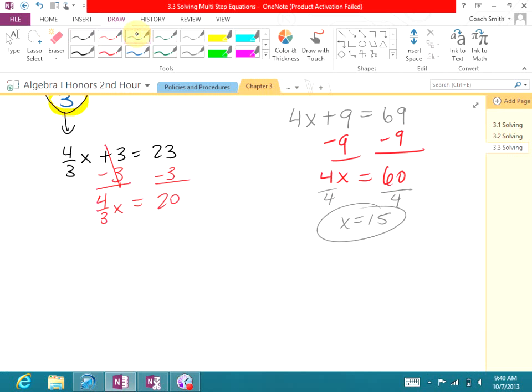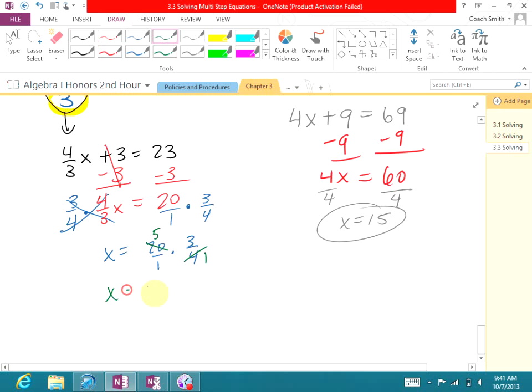Then to solve that, I multiply by the reciprocal to both sides. Those cancel, leaving me with x is equal to 20 over 1 times 3 over 4. Cross cancel. 4 into 4 once. 4 into 20 5 times. 3 times 5, 15.